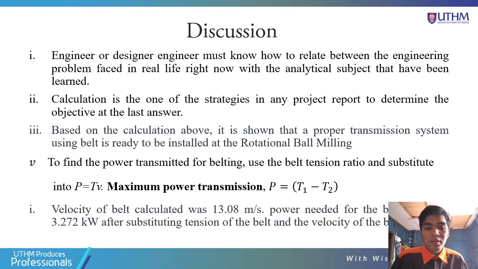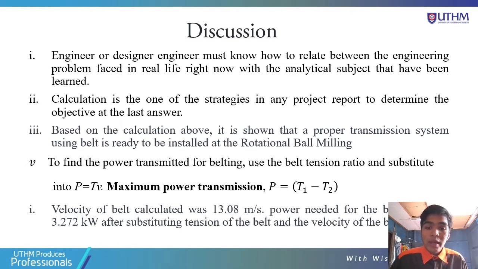So as we can see here, the maximum power transmission formula is P is equal to T1 minus T2, actually multiplied by V, but I forgot to put it. And also we get the velocity of belt calculated, which was 13.08 meter per second.